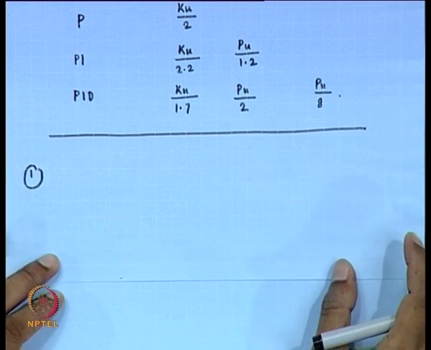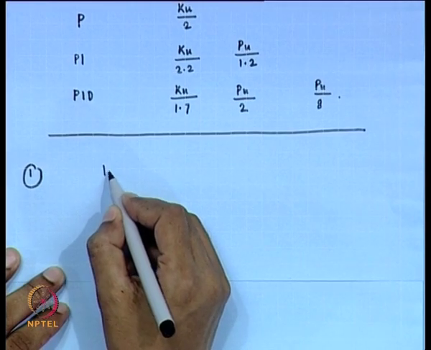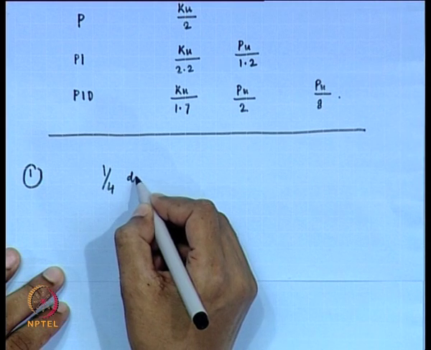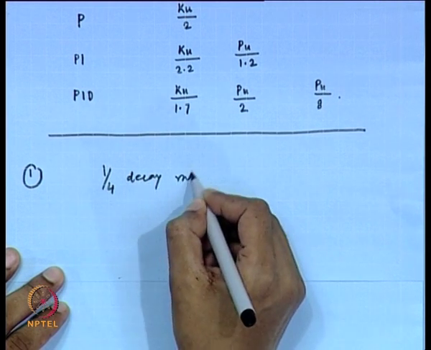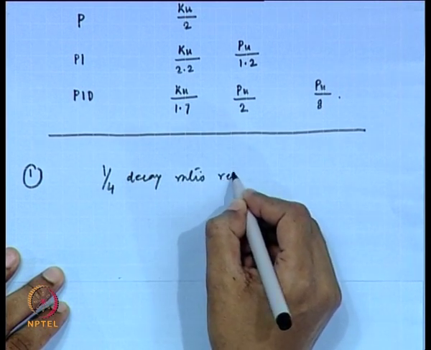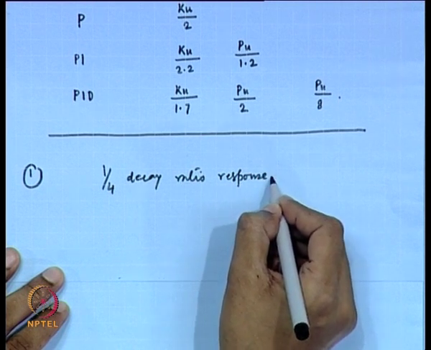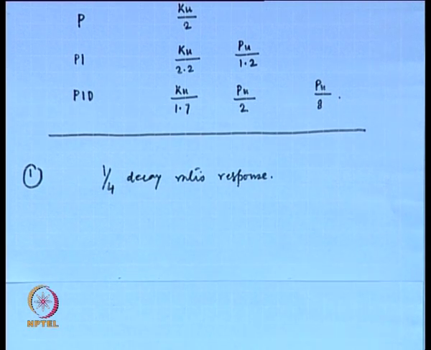These correlations are determined to provide 1/4 decay ratio response. Fine. This is the first point. These correlations have been determined to provide 1/4 decay ratio response. I mean, the decay ratio should be 1/4.